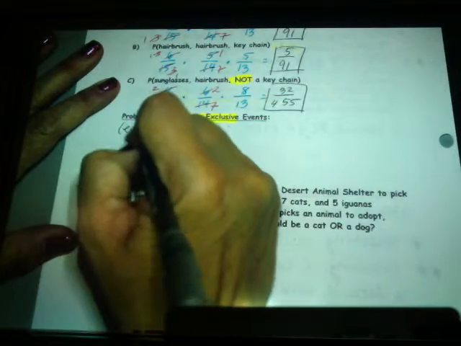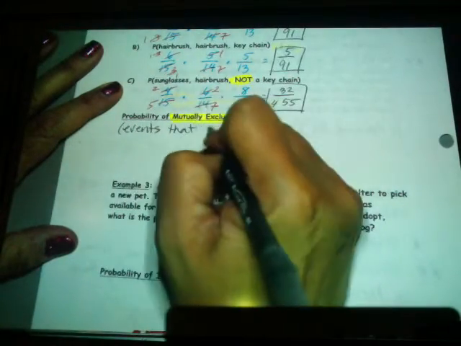All right, so we've talked about independent events, dependent events. Now we're going to talk about something called mutually exclusive. Mutually exclusive would be events that cannot occur at the same time.